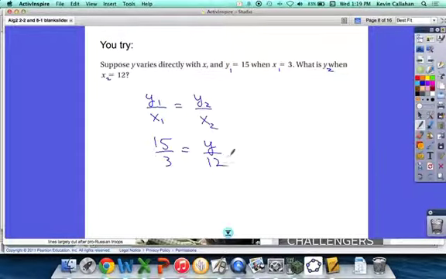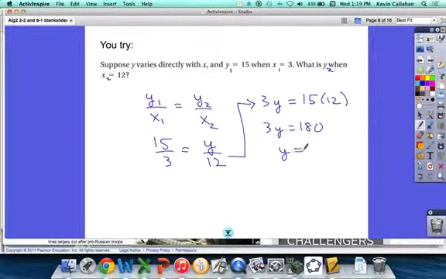Cross multiply. 3y equals 15 times 12. So let's see, 15 times 12, 12 times 12 is 144, plus 36 is 180. 3y equals 180, y equals 60.